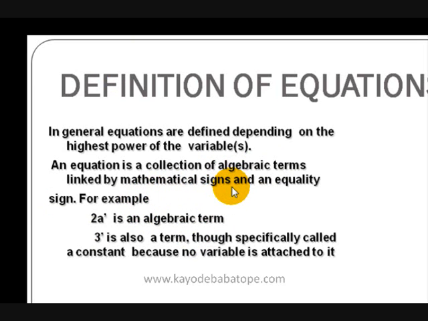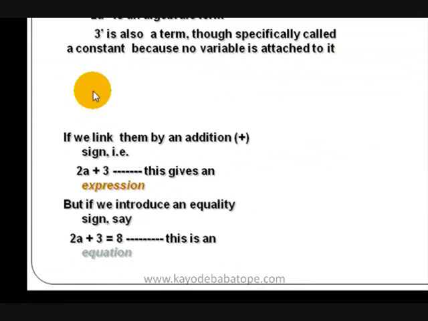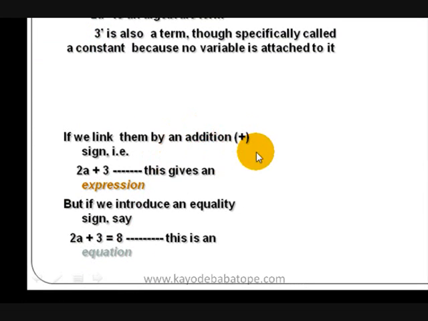For example, 2a is an algebraic term. 3 is also a term, although specifically called a constant because it has no variable associated with it. If we link them by an addition sign, for example, we will have 2a plus 3. This gives an expression. 2a plus 3 is an expression.